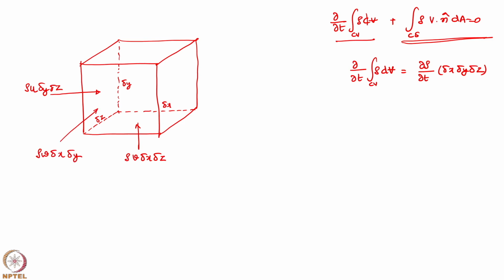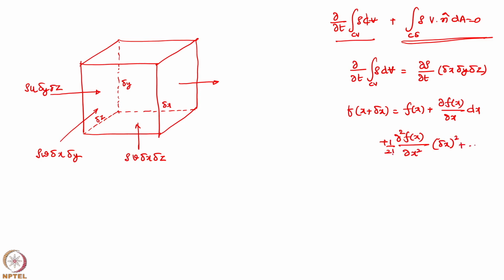Okay. So, now what is coming out by Taylor series expansion, that is if you have f of x plus delta x, you get f of x plus del f of x by del x dx plus del squared f of x by del x squared into delta x whole squared by 2 factorial, and so forth.